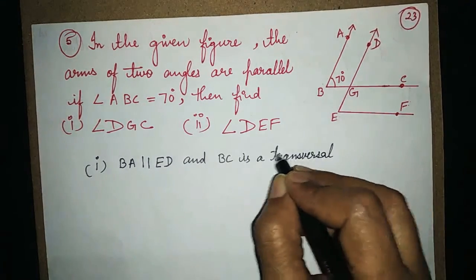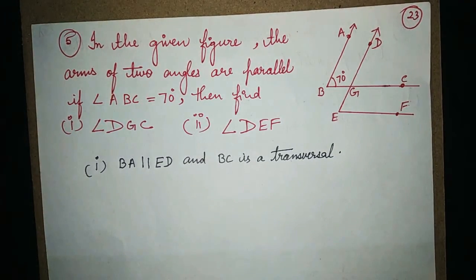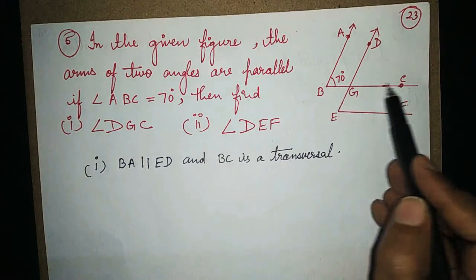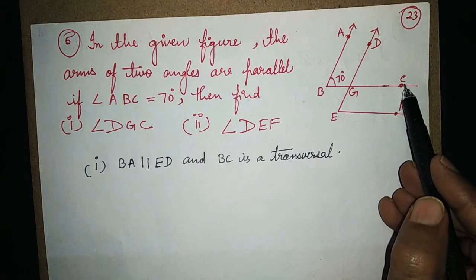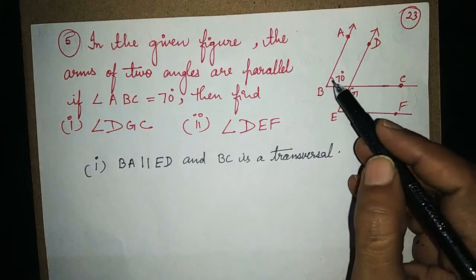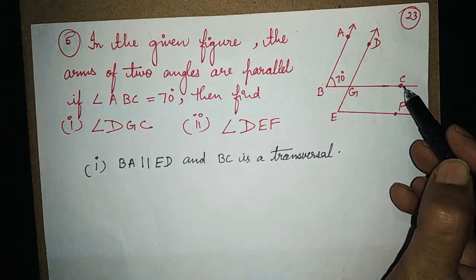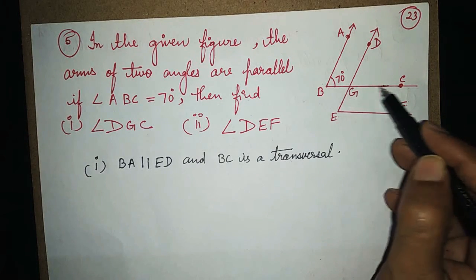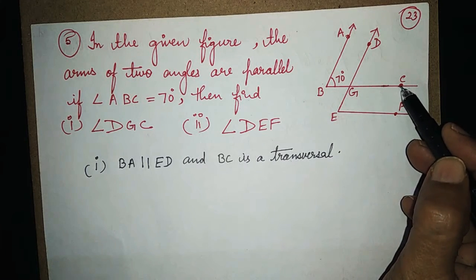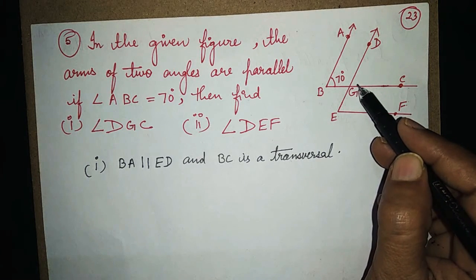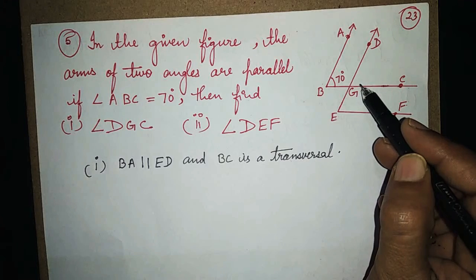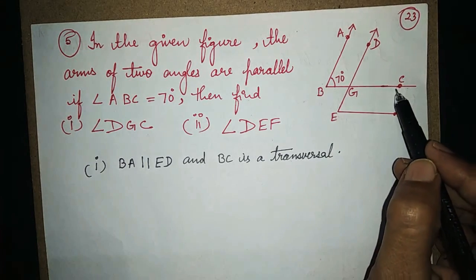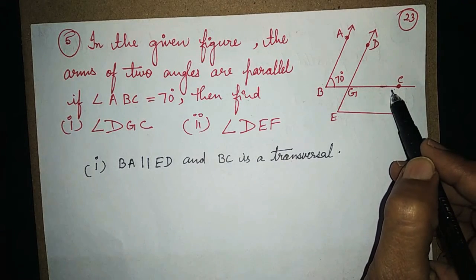If BA and ED is parallel and BC is transversal, so what is the relation between angle ABC and angle DGC? Angle ABC and angle DGC both are corresponding pair of angles.